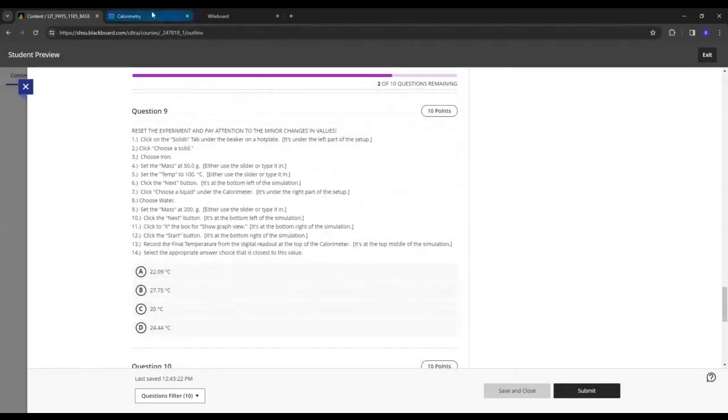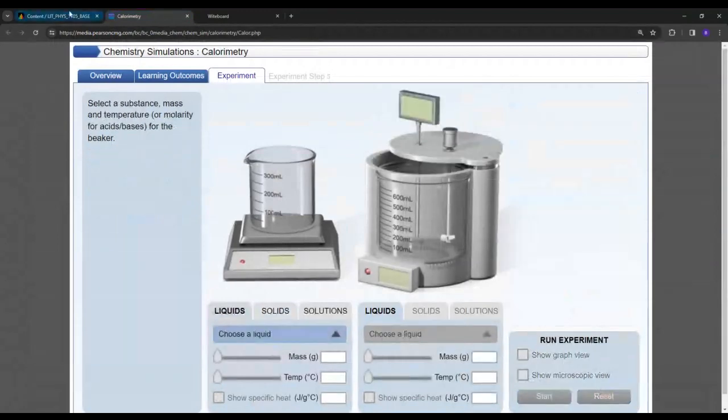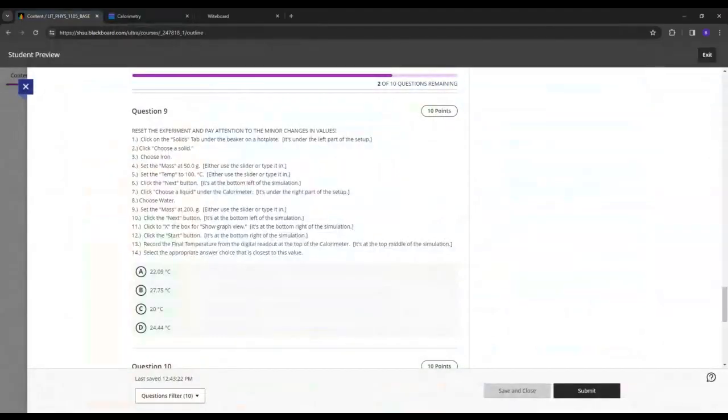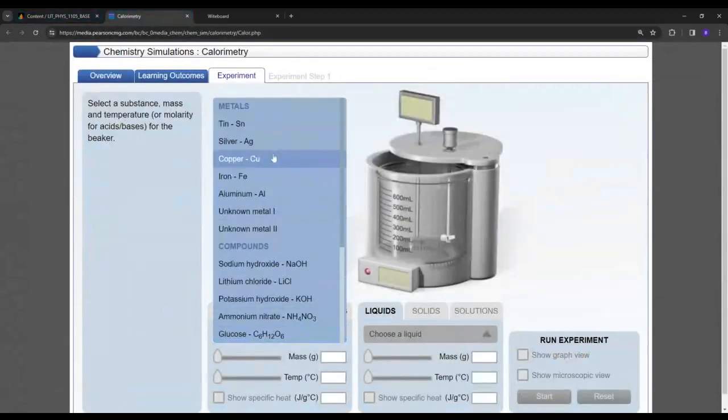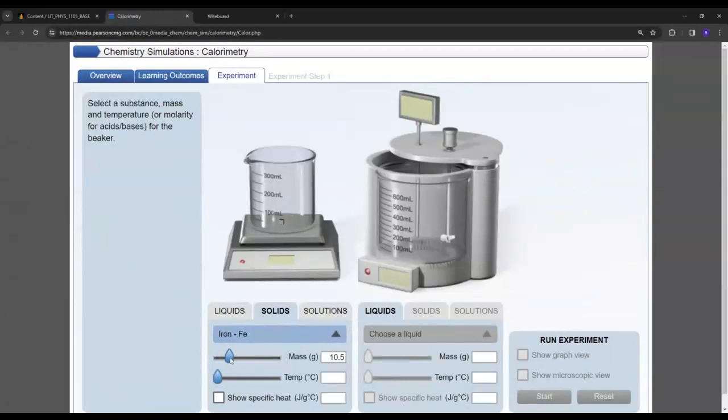All right, we're going to reset again. But this time, we're going to have iron at 100 degrees, and then a whole bunch of water, right? Mass at 200 grams. So we're setting the iron back basically to what it was before. So maximum here, 100 degrees, which was about the middle.